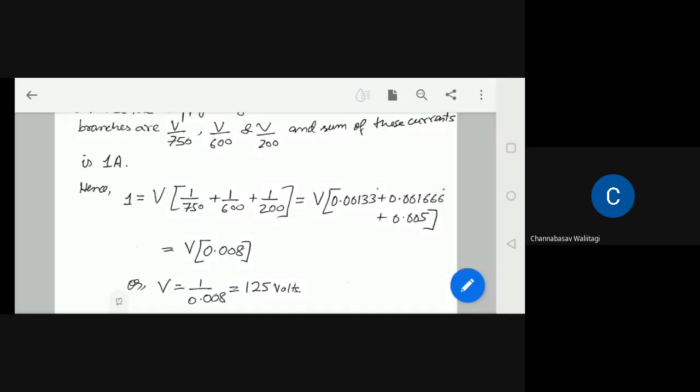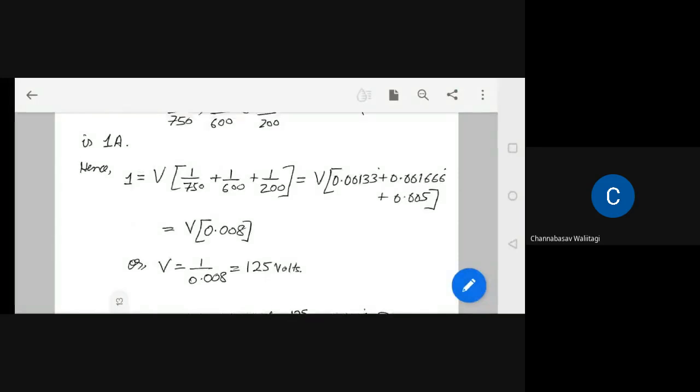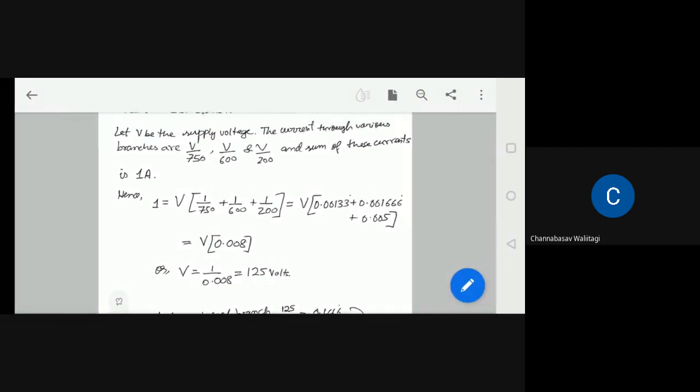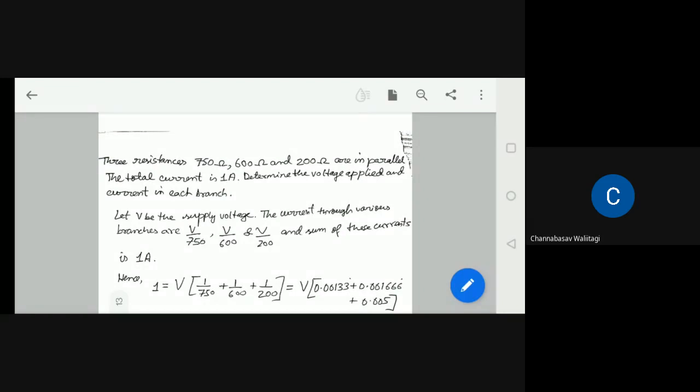Is this okay? Are you getting why this is done like that? So capital V comes out as 125 volts. We were asked to determine the voltage applied and the current in each branch.